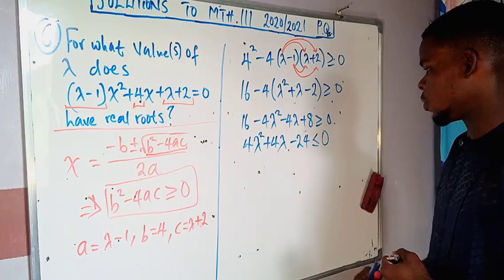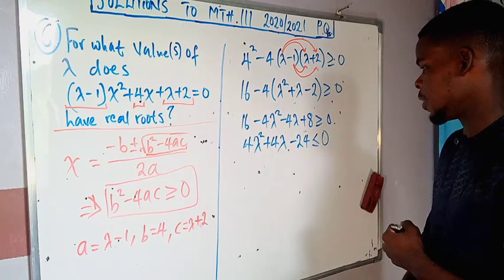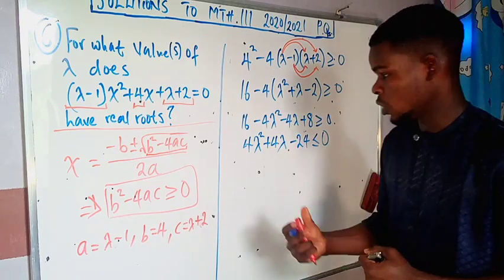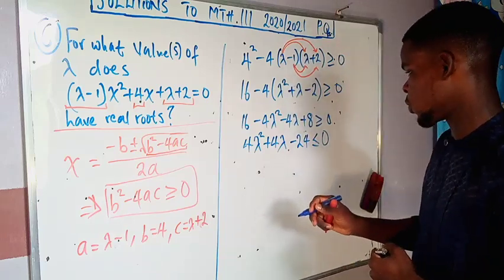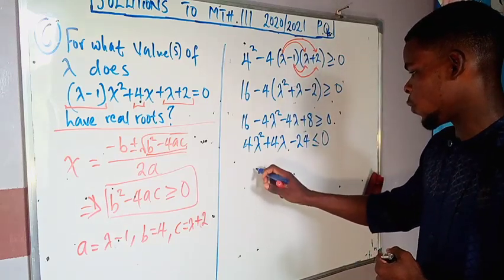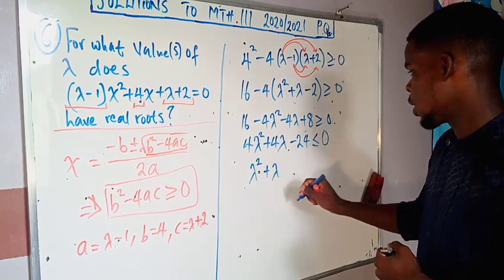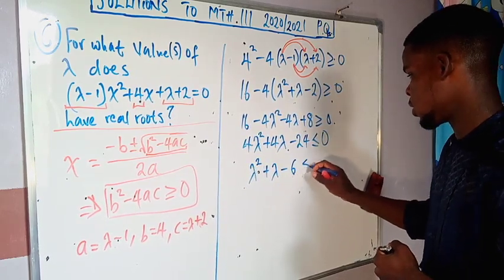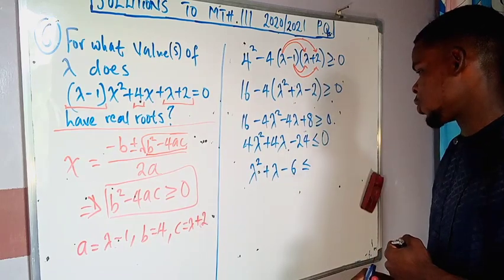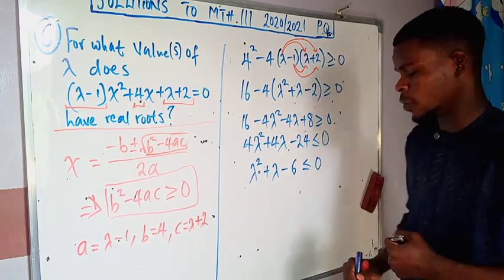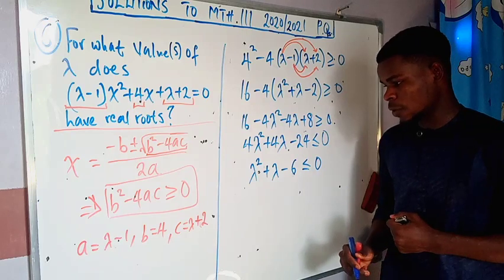Okay, so we divide through by 4 just to make the coefficients easier to deal with. If we divide through by 4, we're going to have lambda squared plus lambda minus 6 less than or equal to, dividing 0 by 4, we still have 0. So we have a quadratic inequality to solve here.